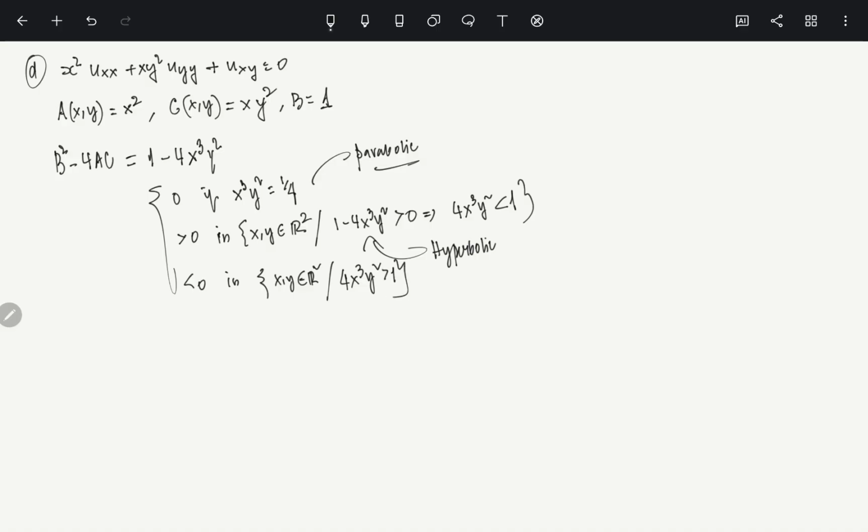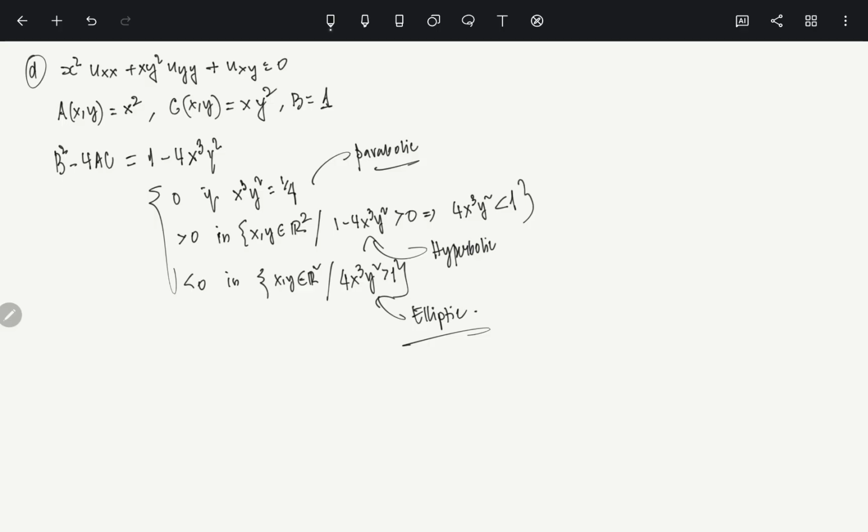We don't care, but there is some region which looks like this, and in that region the equation is elliptic. So you do realize this depends on the point x and y where we are choosing it, and depending on the region the equation may behave like a parabolic, a hyperbolic, or an elliptic equation. That's the point.